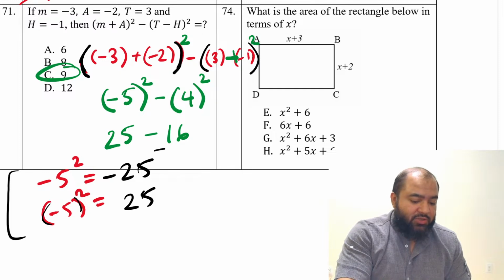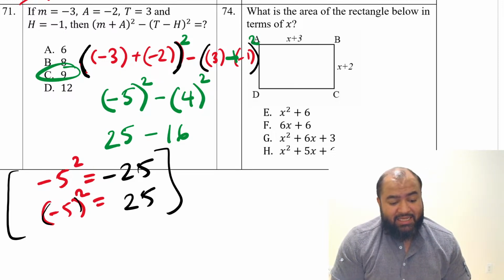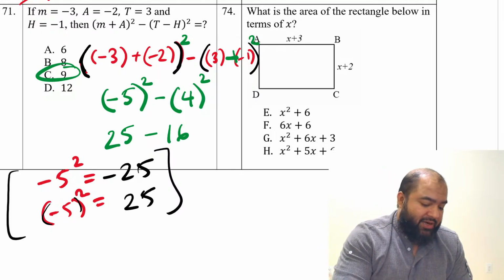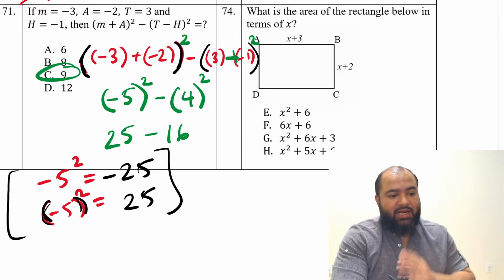So the two differences you have to see: the first one is -25 and the second one is +25. So the parentheses matters a lot. When you have parentheses, that's when it becomes positive. If the parenthesis is not there, it's not going to be positive, it's going to stay negative.